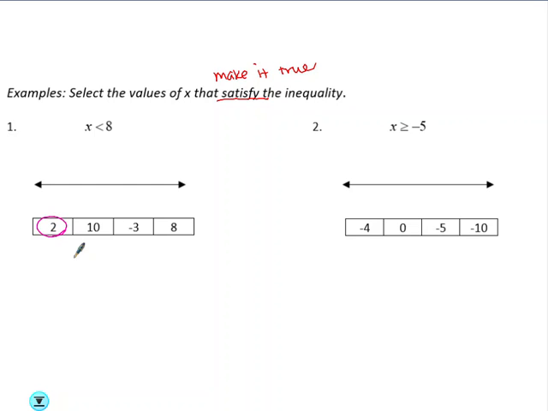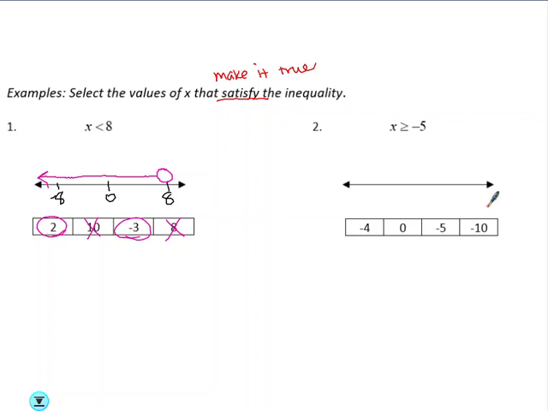Well, 2 is less than 8, 10 is not less than 8, -3 is less than 8, 8 is not less than 8. Those are equal, so that will not be included. If we are going to graph this on a number line, we would just say that it is less than, which is an open circle, and to the left of 8.